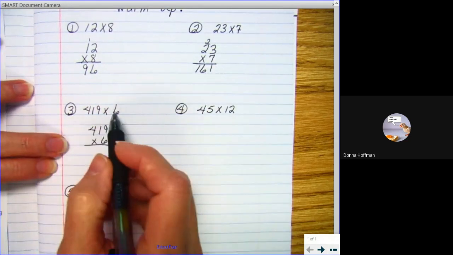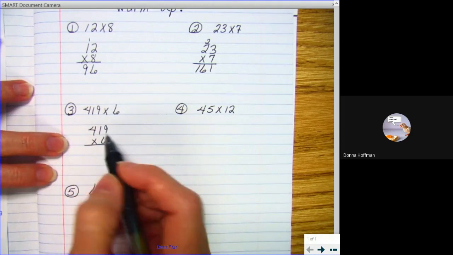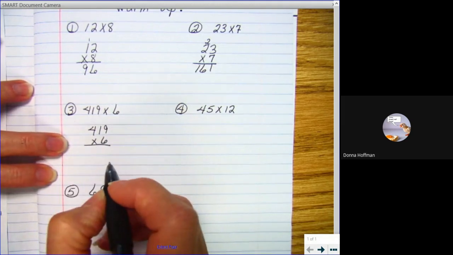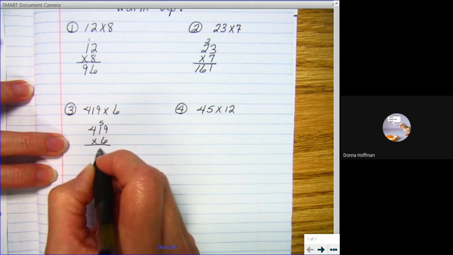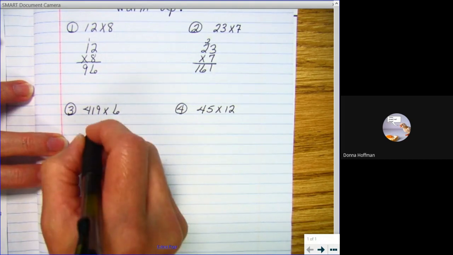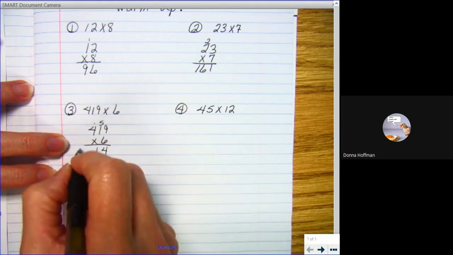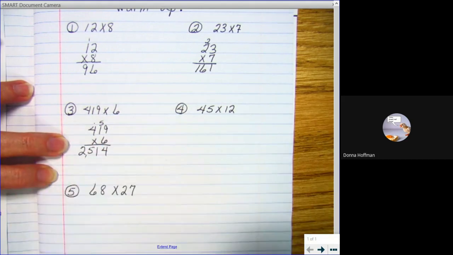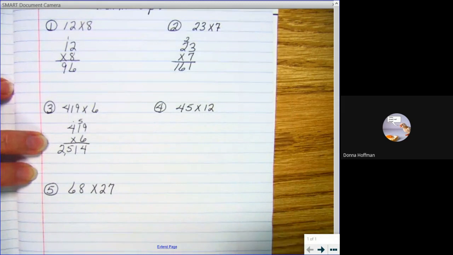Again, I can't multiply across horizontally. I have to set them up vertically. Number 3 should be 2,514.